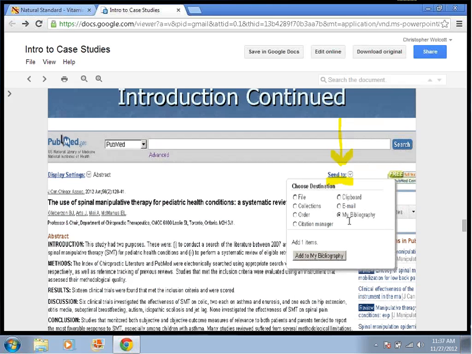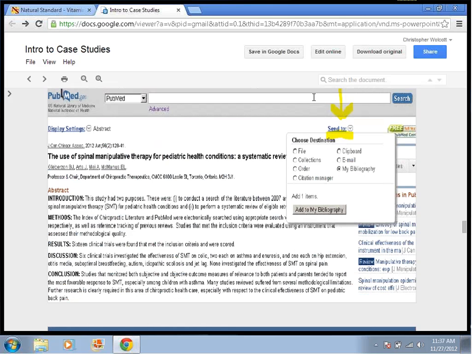It's a huge time saver because journals, this was published in the Journal of the Canadian Chiropractic Association. But you'll see that you can't list in a reference the Journal of the Canadian Chiropractic Association. It has to meet uniform guidelines, and uniform guidelines also dictate that journals are abbreviated, even if they're a very short journal title.